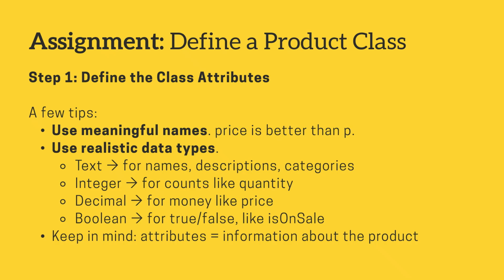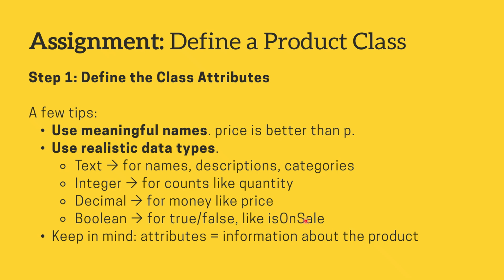You also want to use realistic data types. So text would be for names, descriptions, categories. Integer would be for counts, like quantities. Decimals would be for money, like price. Boolean would be for things like true or false, or yes or no. For instance, isOnSale.